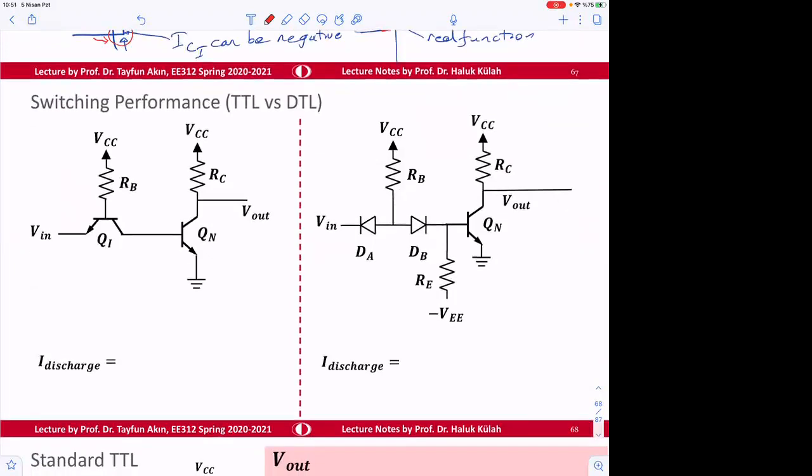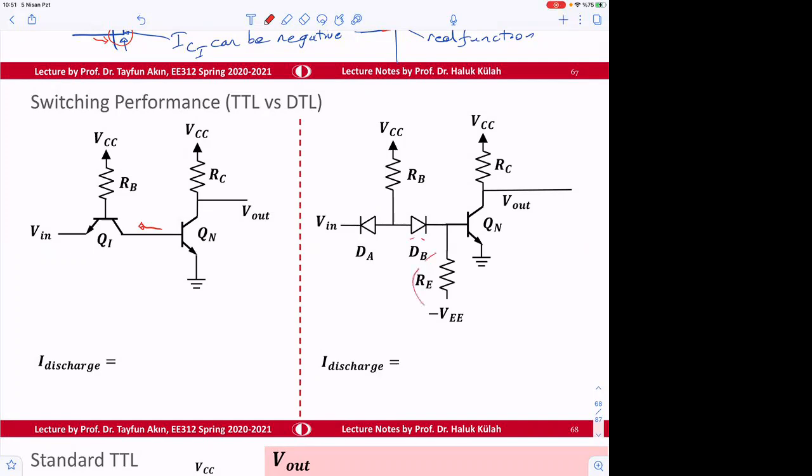This was kind of a repetition of what I explained before. Now, we have other advantages due to the structure. One of the advantages is removing this base charge. The base charge is removed much faster.